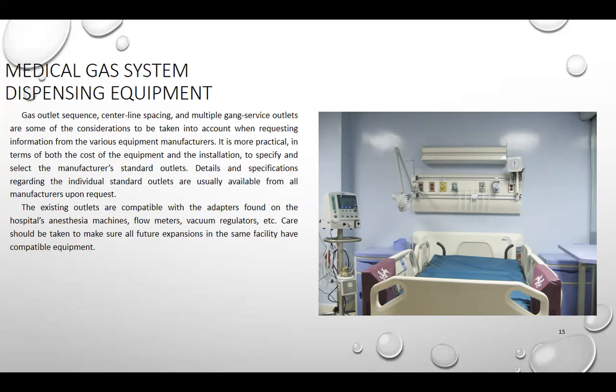It is more practical in terms of both the cost of the equipment and the installation to specify and select the manufacturer's standard outlets. Details and the specification regarding the individual standard outlets are usually available from all manufacturers upon request. Huwag kayo mahiya mag-request.